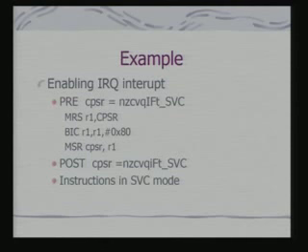Now, there is this example, that of enabling the IRQ interrupt. So, how will you do it? The code uses these two instructions. This is for accessing CPSR, so I get the CPSR.